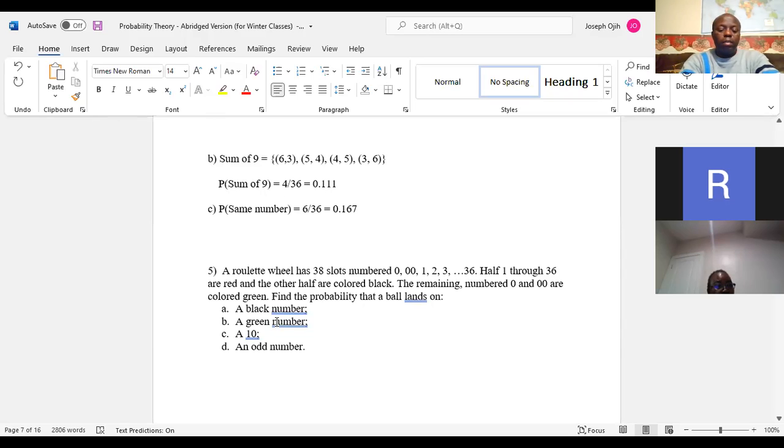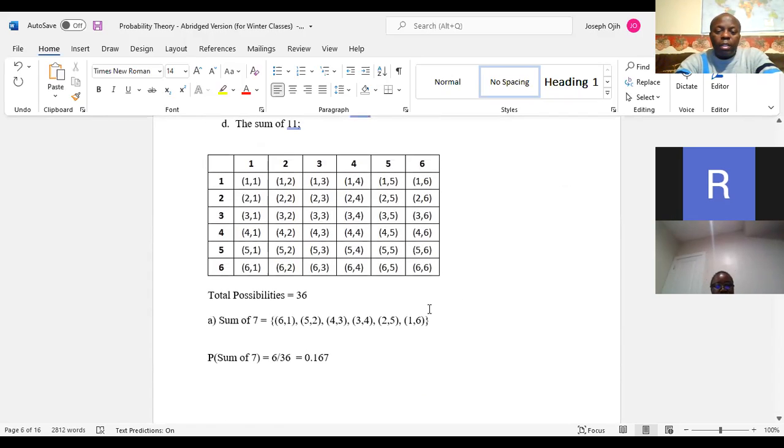And of course, the last one, part D, is getting the sum of 11. The outcomes that give us 11 are 6, 5, since 6 plus 5 is 11, and 5, 6.